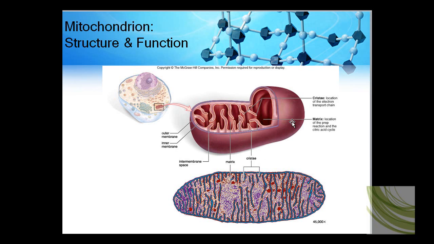This gives rise to the hypothesis, and there's a lot of evidence to support that at one point in an early cell, a bacterium formed a symbiotic relationship with an early cell and was included. And so we can actually follow lines of DNA in these mitochondrial DNAs. Why do we think it was once a bacteria? Well, it has its own DNA. It doesn't have a nucleus.